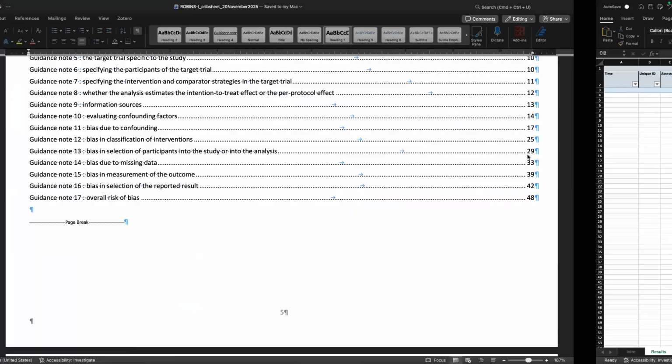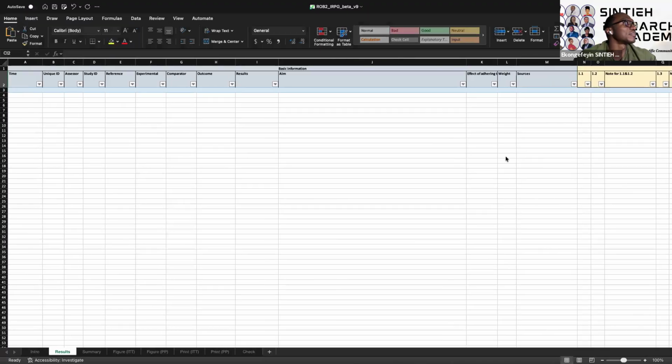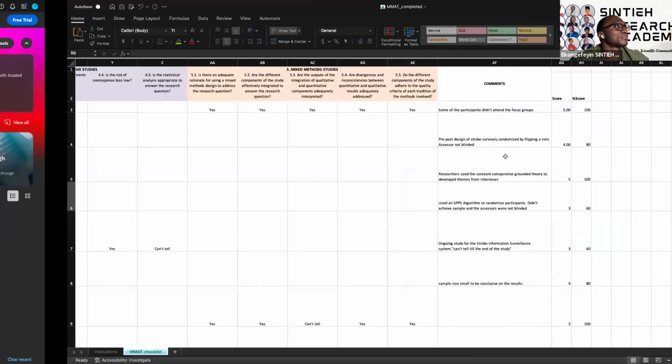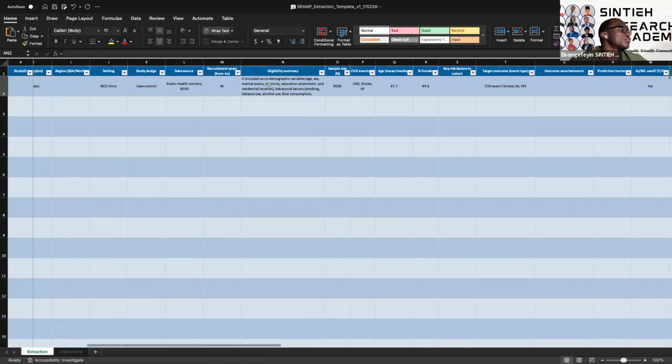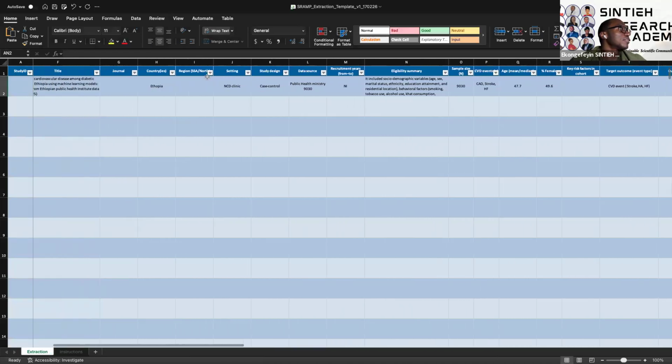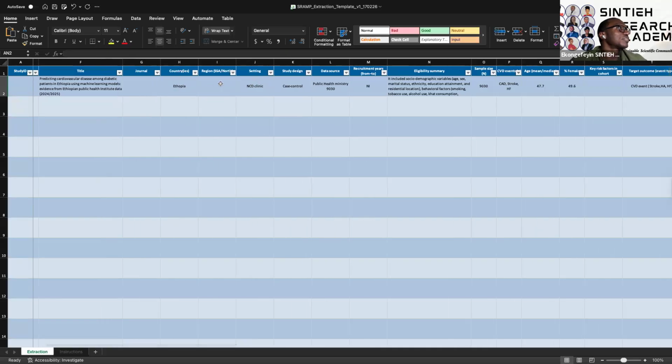All right. So extraction sheet. This is RoB 2. This is the extraction sheet. Please note, this is being recorded so you can see it. Definitely things that you need to note, let's start from country, the region, the setting, the study design, the data source, how long it was recruited.